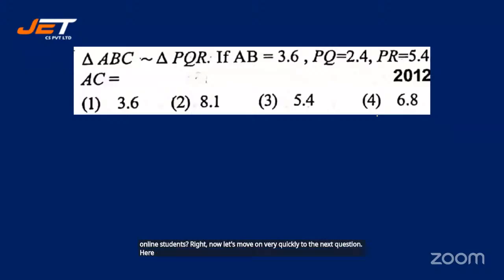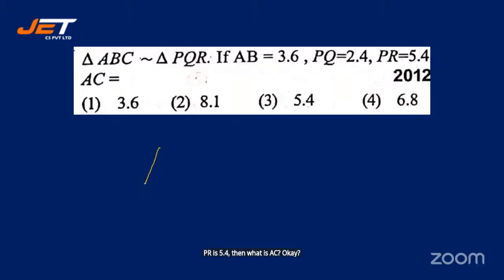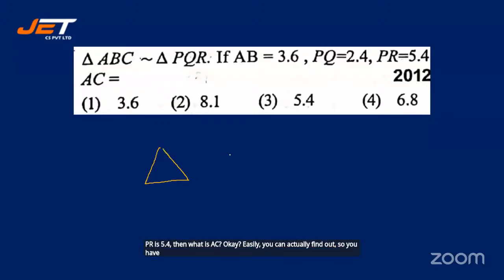Here we have triangle ABC similar to triangle PQR. If AB is equal to 3.6, PQ is 2.4, PR is 5.4, then what is AC? Easily you can find out. See, you have two triangles here.